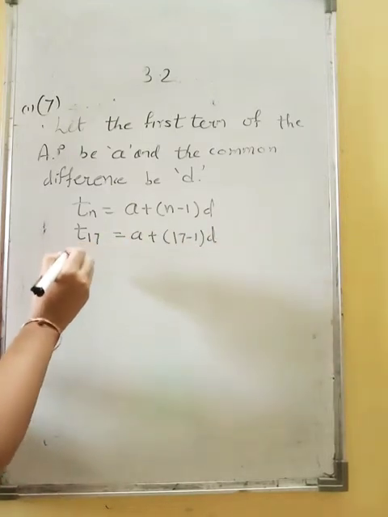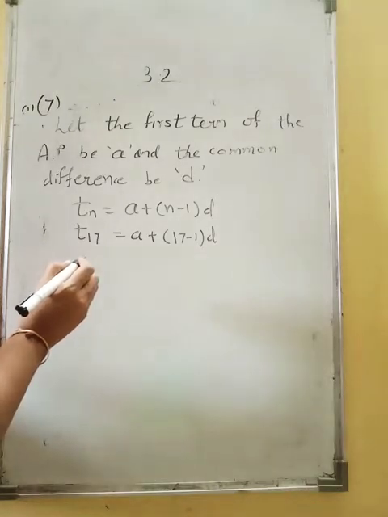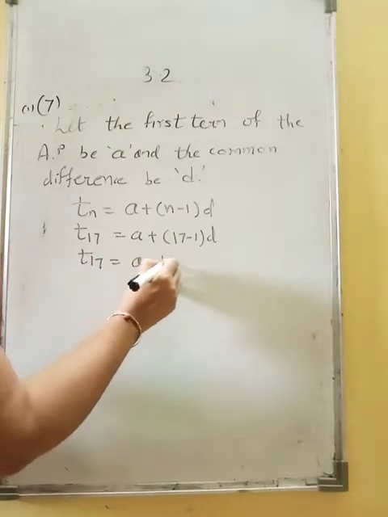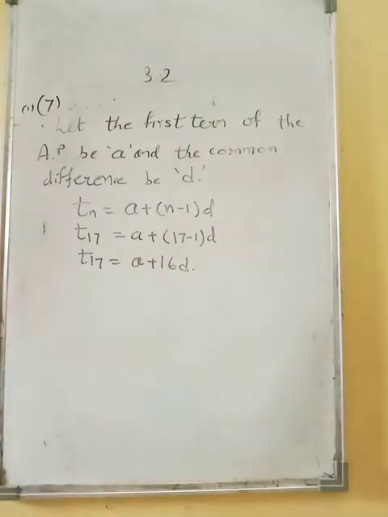So now T17 is given as 7 more than the 10th term, so directly it is not given. Now the 17th term of the AP is 7 more than the 10th term of an AP.